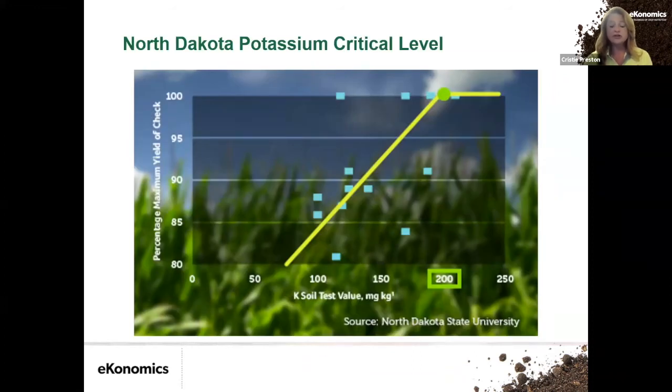So again, with North Dakota State, looking at how the critical level might be adjusted based on your clay types, as you increase certain clay types, you can potentially increase the amount of potassium that's trapped within those layers, and it's not plant available, especially under drought conditions. So they're finding that higher levels are needed in those areas with a higher smectite to illite ratio.